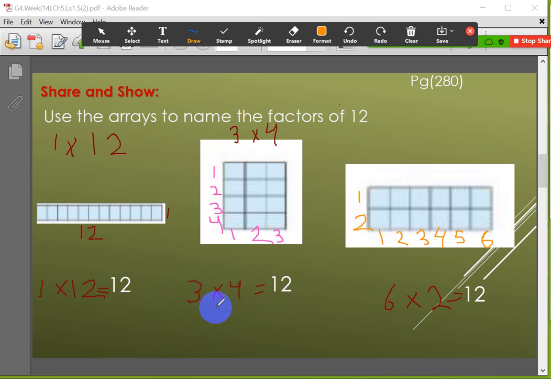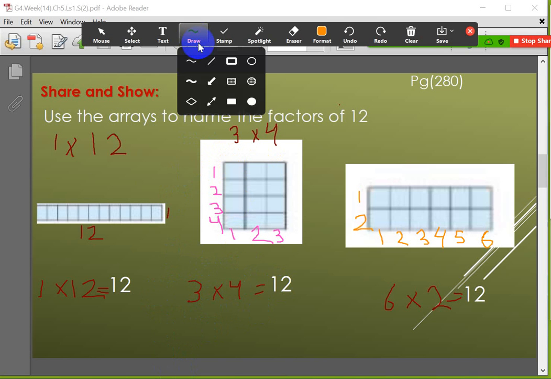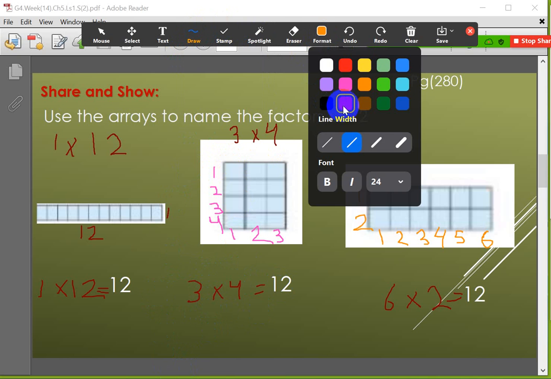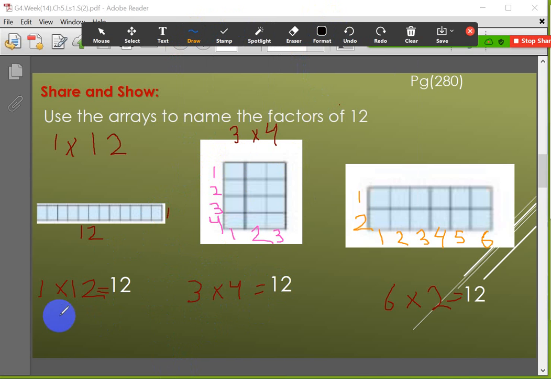That means the factors. So what are the factors for number 12? I have to know the factors for number 12 from those multiplications. The first one is what? It is from here. 1. The first one is 1. Then I have 2. Then from here I have 3.